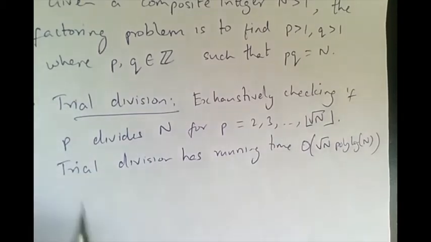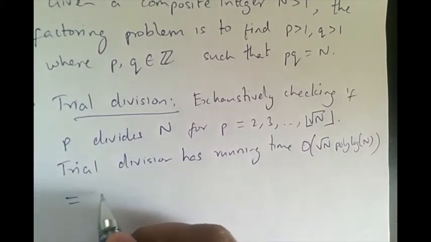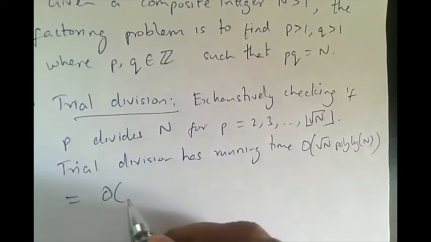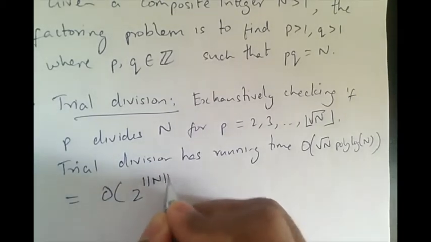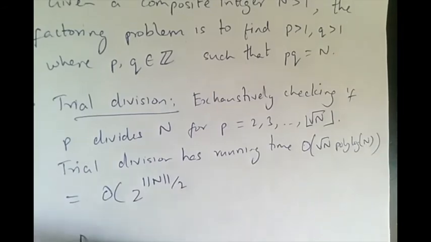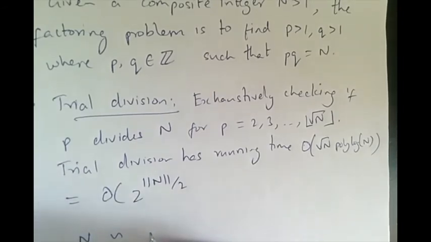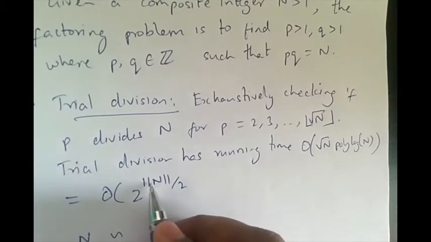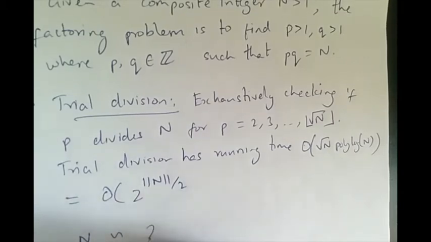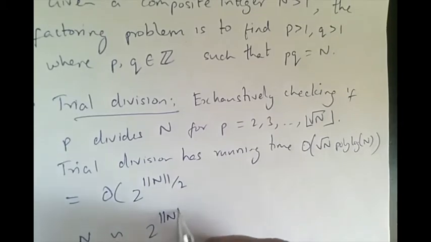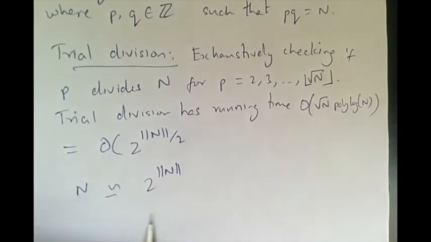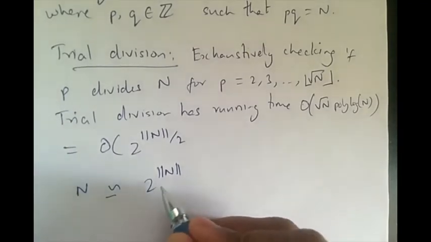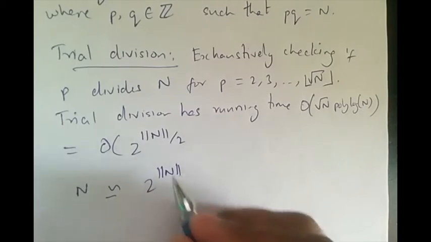Now, if n is some 100-bit integer, then n is approximately 2 raised to 100.